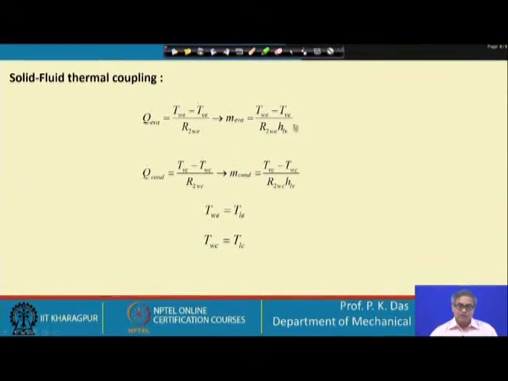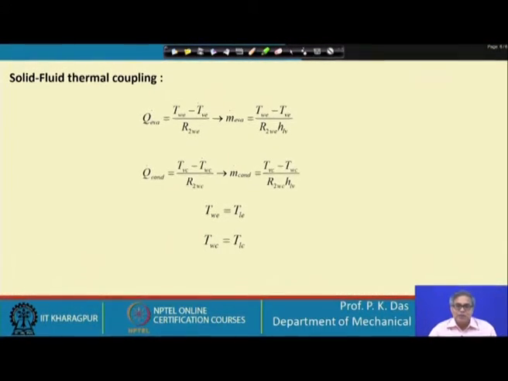So, with all these things we are able to couple the solid and fluid thermal networks, that is, the thermal network and the fluidic network can be coupled. A similar set of equations one can get for the condenser also. With all these things we will be able to close our network model.